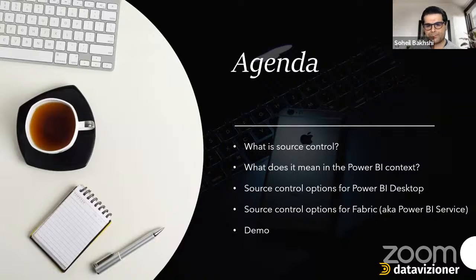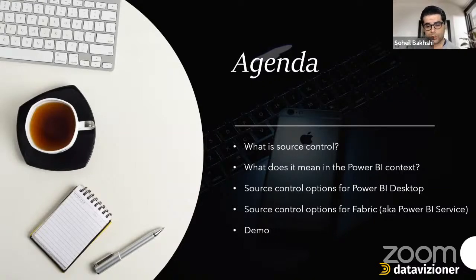And then we look at source control from the Power BI perspective, what it means in the context of Power BI and what features are available to us these days. We then will explain source control options for Power BI Desktop, and I'll walk you through some scenarios. If you have any questions about it, just jump in and ask.